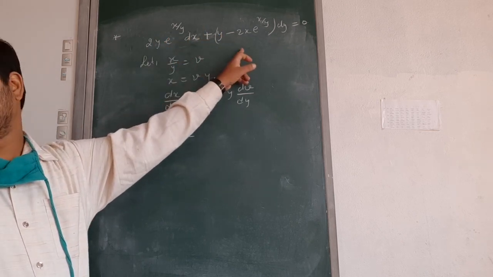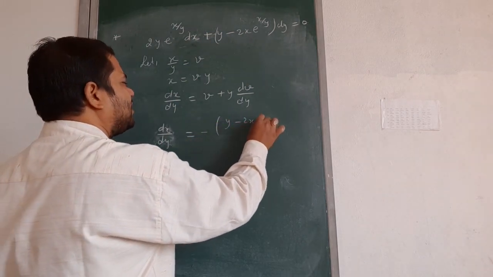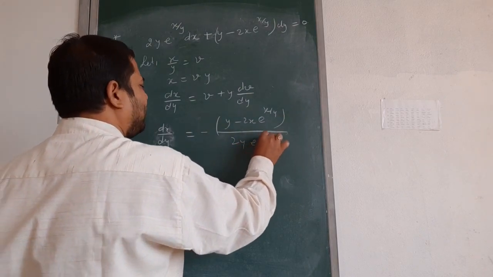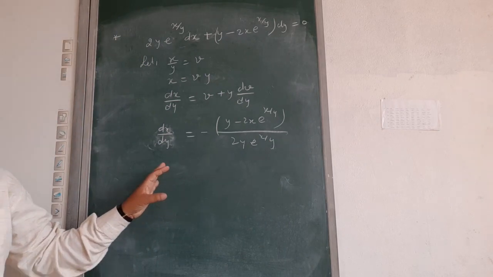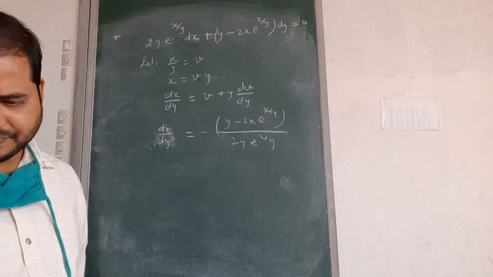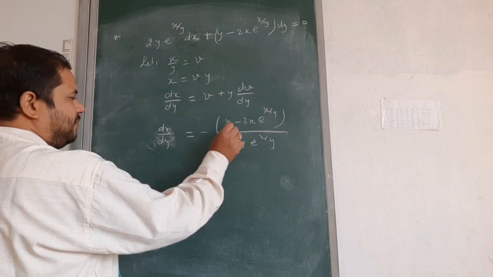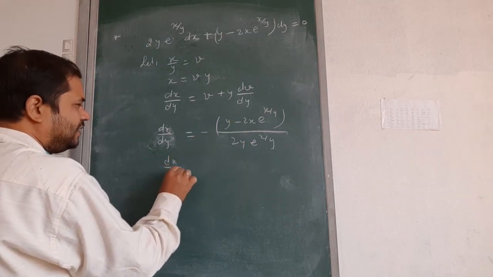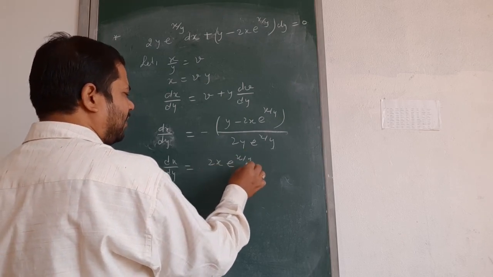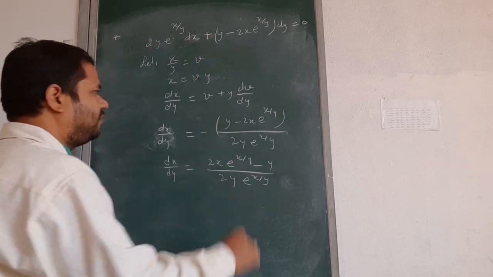So dx upon dy is minus of y minus 2x e power x upon y divided by 2y e power x upon y. This is the value of dx upon dy. And if we multiply the minus, then dx upon dy is 2x e power x by y minus y divided by 2y e to the power x by y.